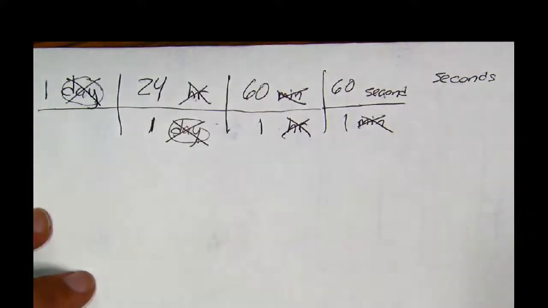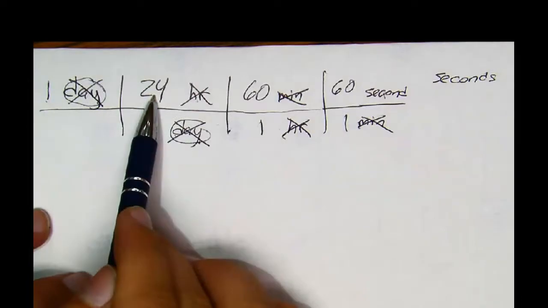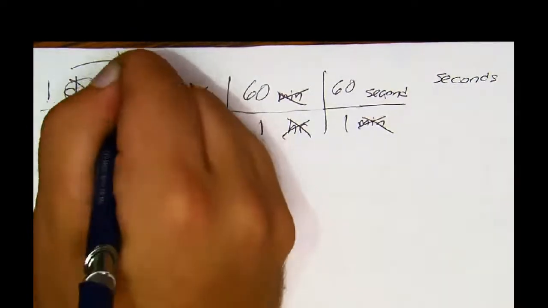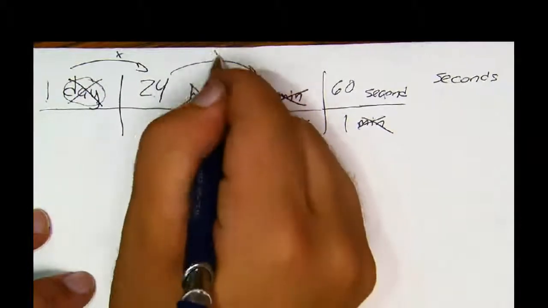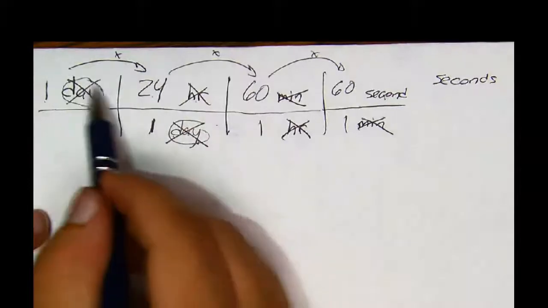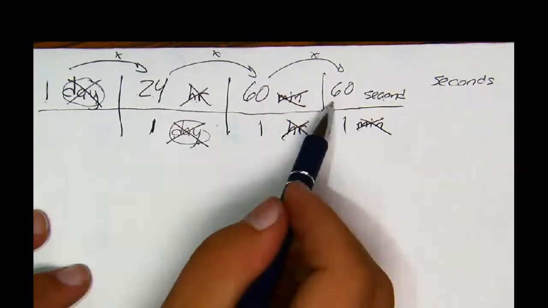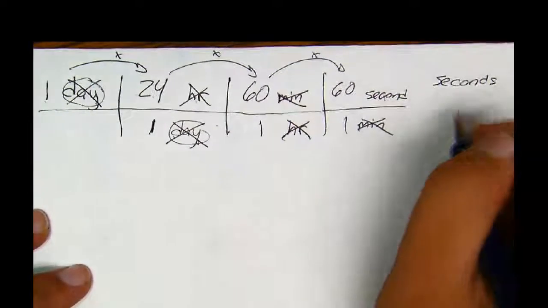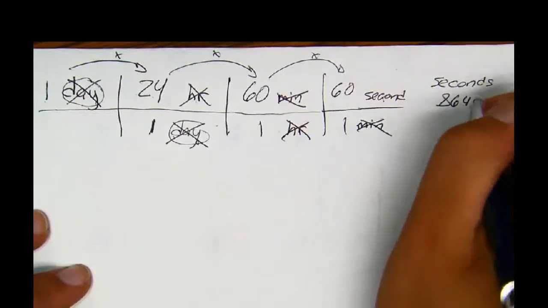The last goal is I have to multiply every number on the top, and you can use a calculator. So 1 times 24 times 60 is equal to 86,400.